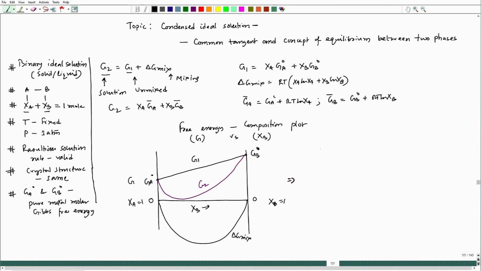Now, if I try to draw only the G2, let us say I have drawn a G2 line, this is G2.